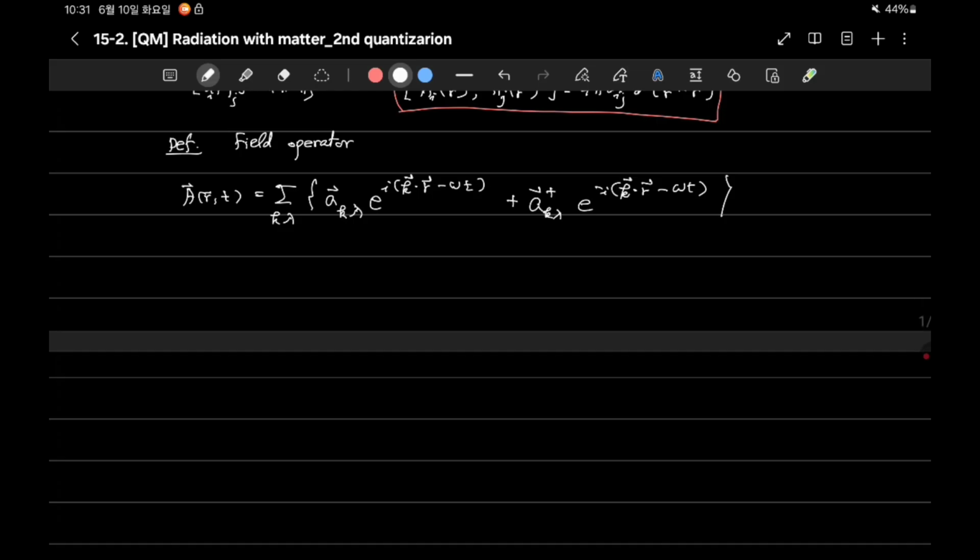Then, another way, here we define k lambda and the polarization.